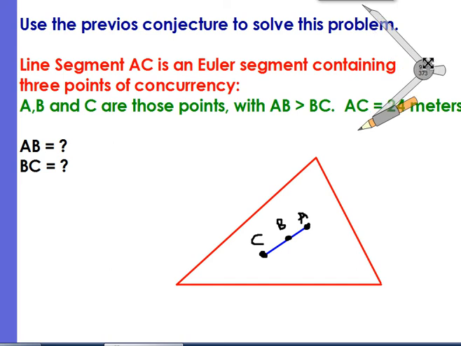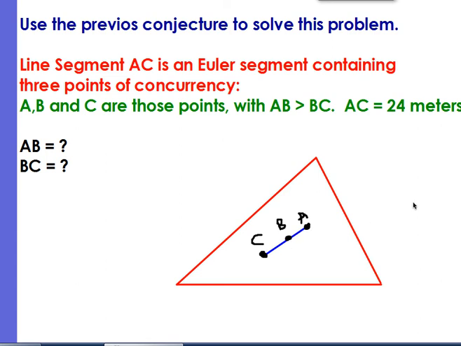And then here we have used the previous conjecture to solve this problem. We have this line segment AC, and it's a Euler segment. They tell you this. It's containing 3 points of concurrency. A, B, and C are the points with AB greater than BC. And AC, the whole thing, equals 24 meters. So you know AB is greater than BC.